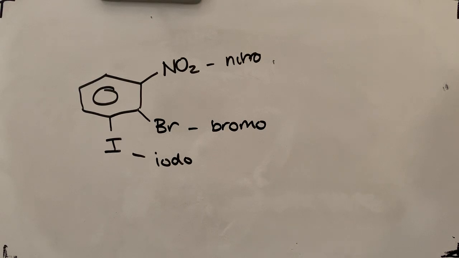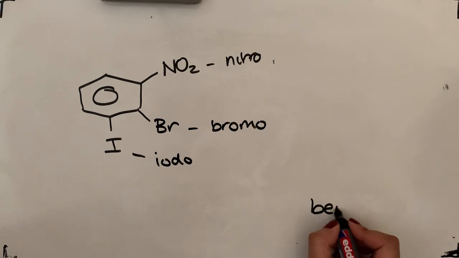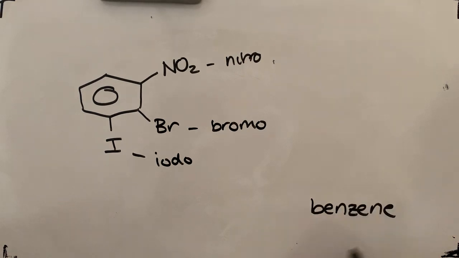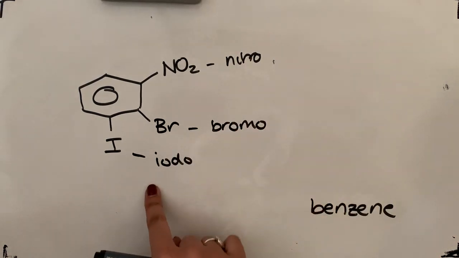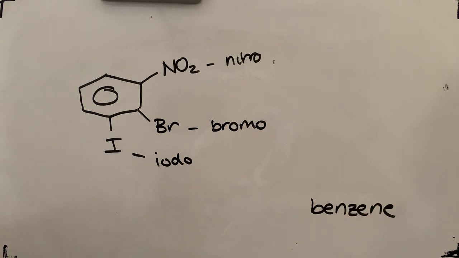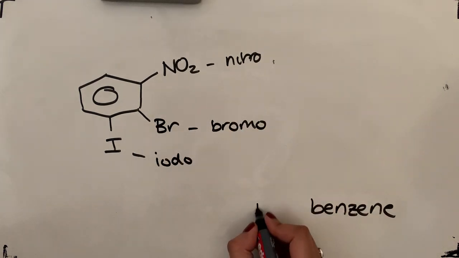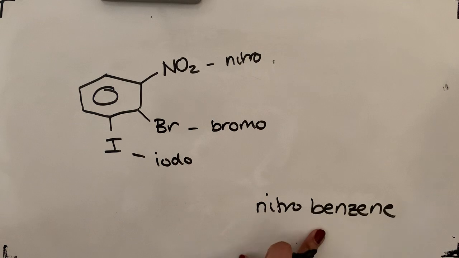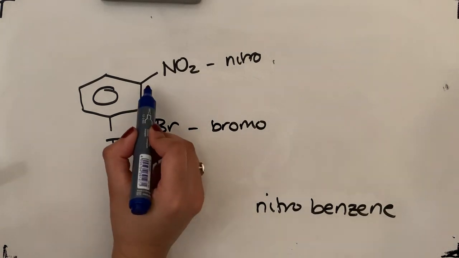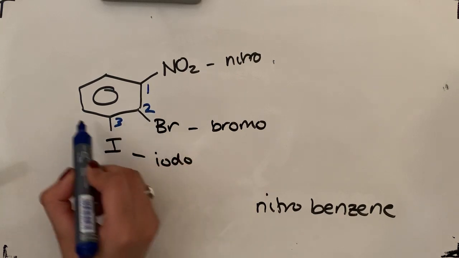Right, so again, in this case, the parent compound is our benzene. Again, out of all 3 of these, which one is last in the alphabet? In this case, it's our nitro. So nitro goes with benzene, and our carbon with the nitro becomes number 1. Keep going in this direction.